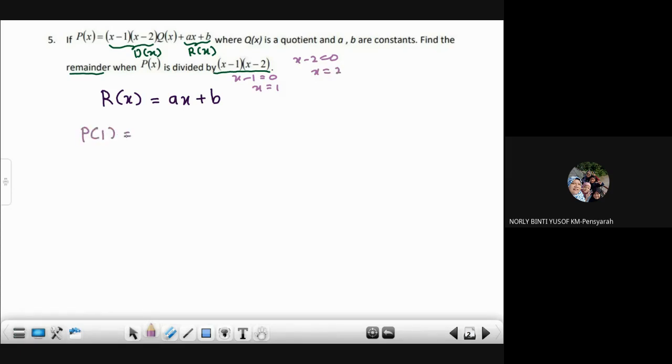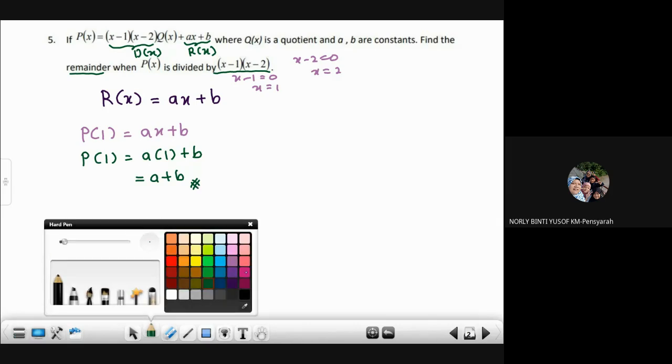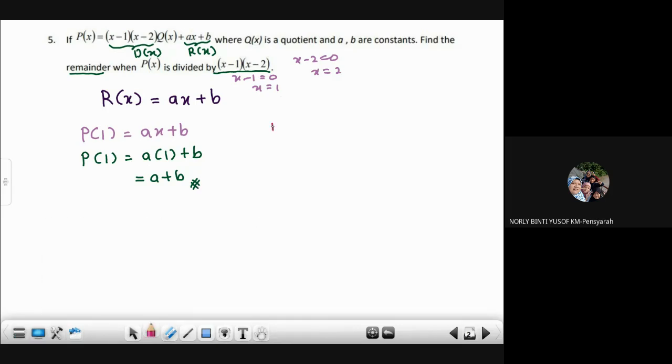P(1), the remainder is ax plus b. So you pun masukkan P(1), a(1) plus b. So you akan dapat first remainder when it's divided by x minus 1, a plus b. Okay, lepas tu you ada lagi satu divisor, x minus 2 equals 0.